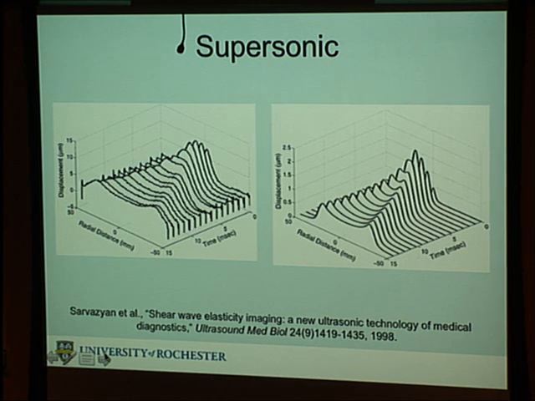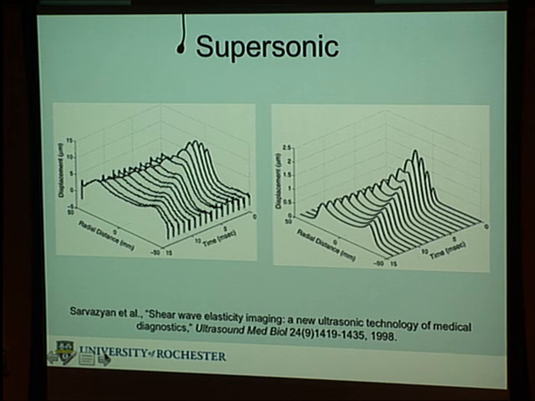I push the tissue with radiation force. It deforms, and then it starts to relax, and you see this wave propagating out in one direction. This is like D'Alembert's solution for a guitar string: if you push with a force in the middle of your guitar string, the solution is it displaces, and then these two waves.